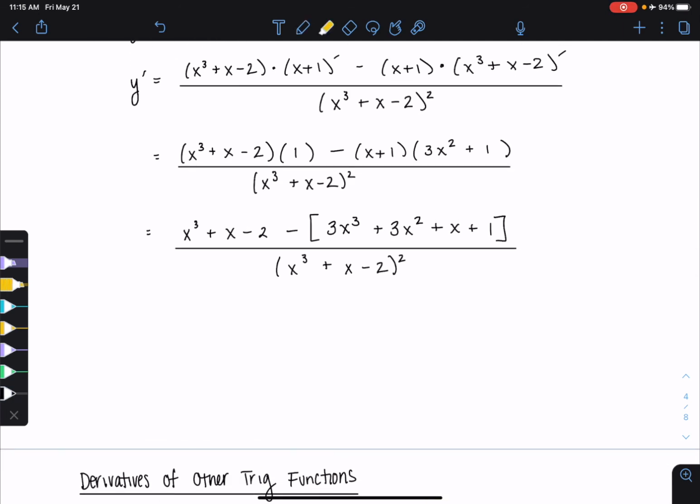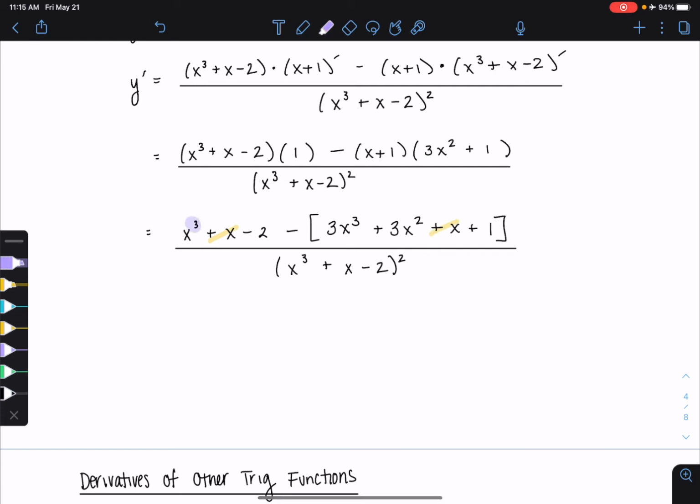Now we can condense things, so we'll distribute that minus sign, but luckily something nice happens. We have a positive x, and we're going to distribute this minus sign to this positive x. These two end up canceling each other out. Okay.